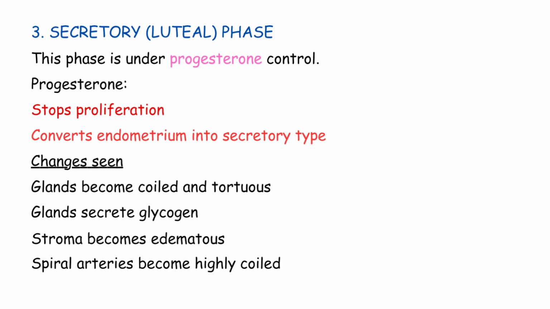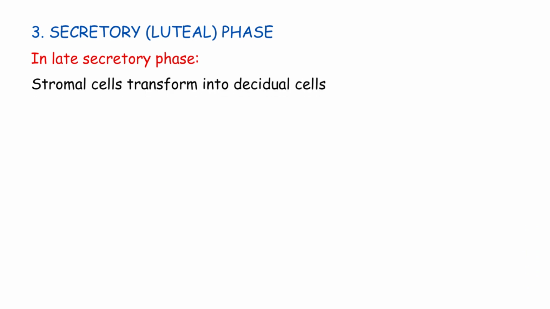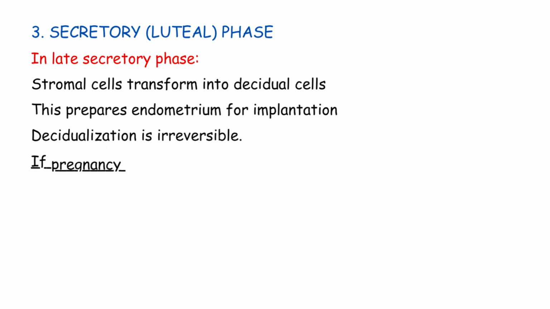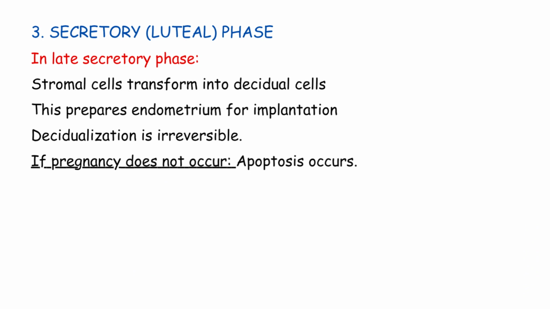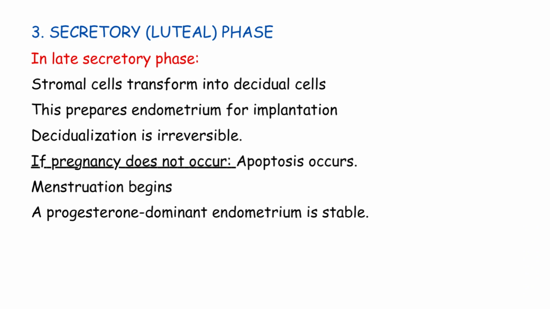Spiral arteries become highly coiled. Decidualization: in the late secretory phase, stromal cells transform into decidual cells. This prepares the endometrium for implantation. Decidualization is irreversible. If pregnancy does not occur, apoptosis occurs and menstruation begins. A progesterone-dominant endometrium is stable.